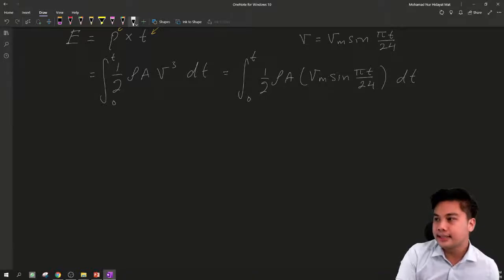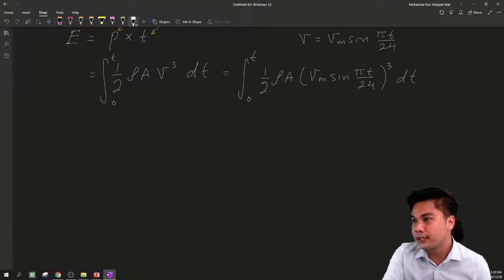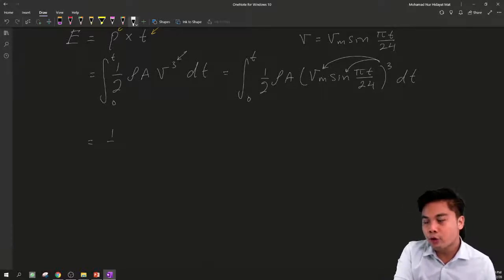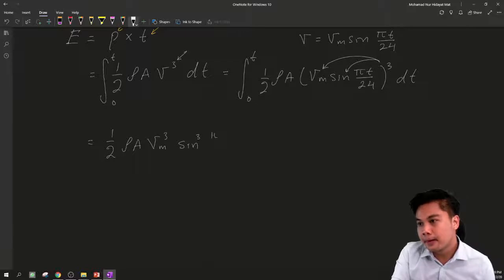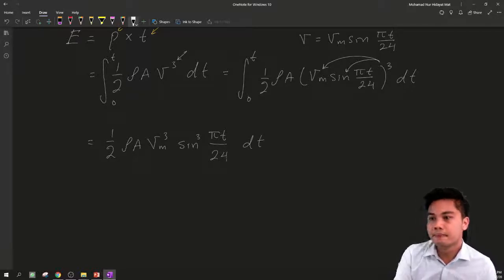Make sure of the power of 3, because we have the power of 3 here. So next we apply the power of 3 inside, and we get 1 over 2 rho A Vm cubed sine cubed pi t over 24 dt, integrated from 0 to 24 hours.